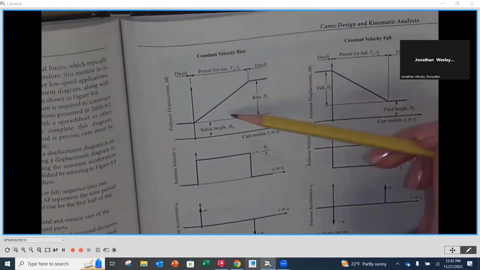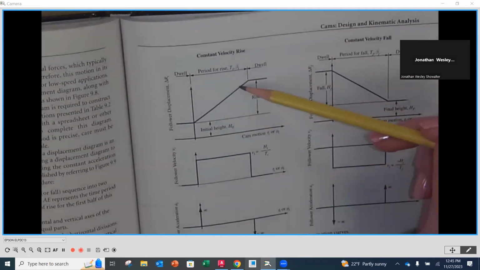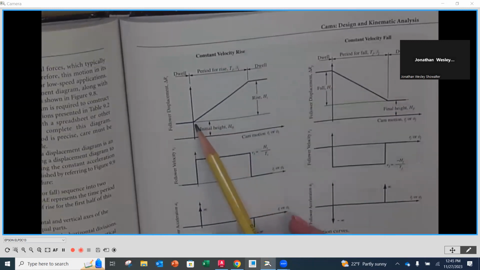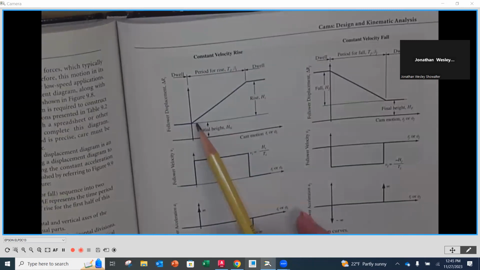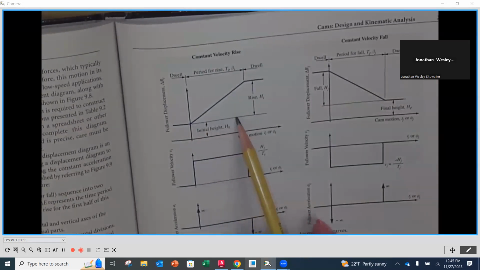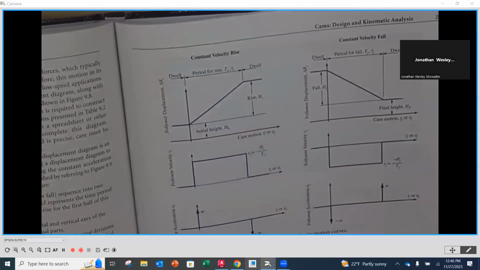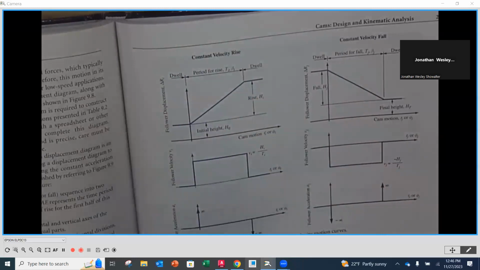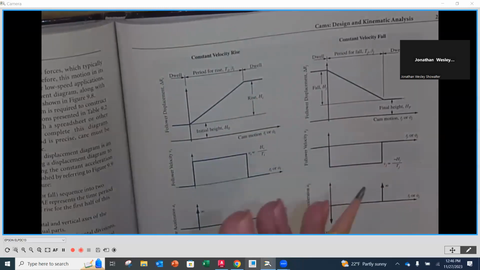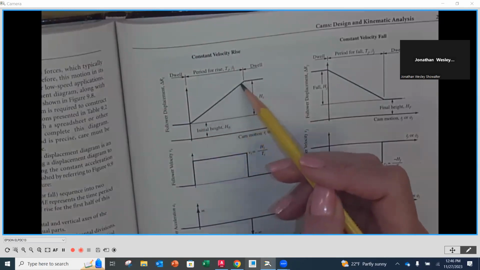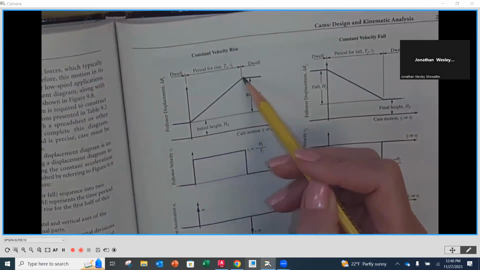The first motion curve here is going to be our displacement, and it goes along in that same displacement diagram type of fashion, where going to the right would start out with 0 degrees, and then we would continue on going in a rotation on that cam. So you'll notice that it's a very simple curve. It's really a straight line, and it's going to start out from where it is, and it's simply going to be a straight line going to where it ends, okay?